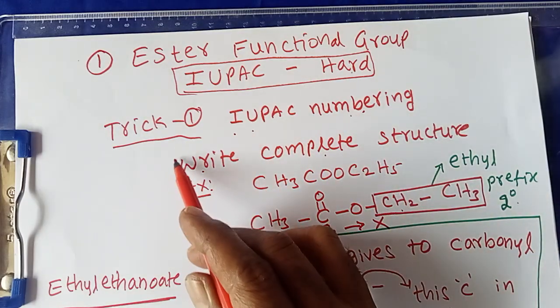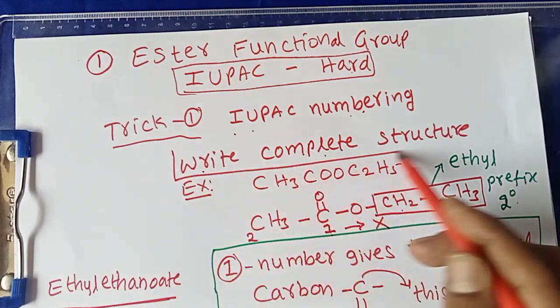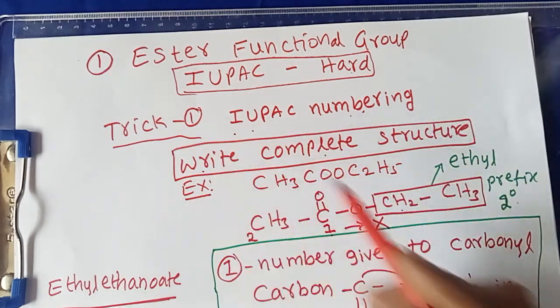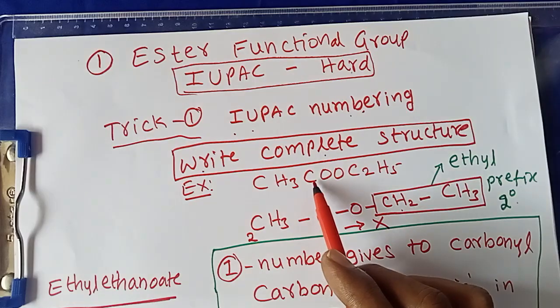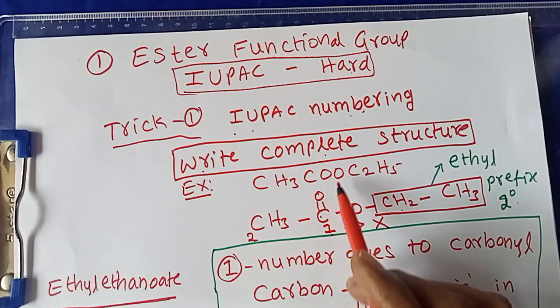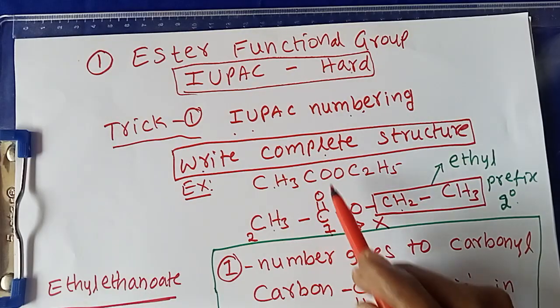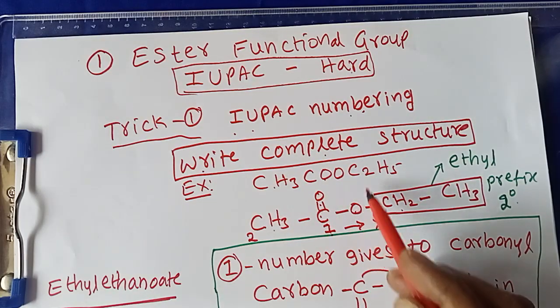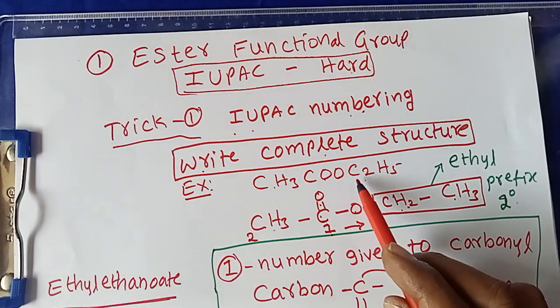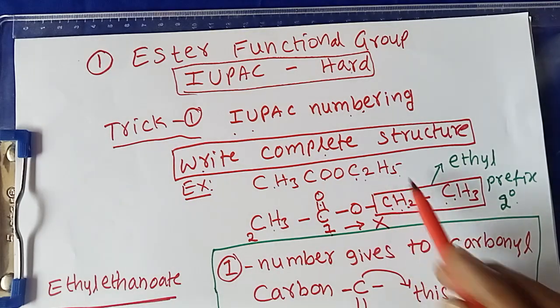Before going to IUPAC numbering, you write the complete structure. This is the normal formula given in the question paper, and this is the complete structure: CH3, C, double bond O, O, and C2H5 means the ethyl group, 2 carbons, 5 hydrogens.